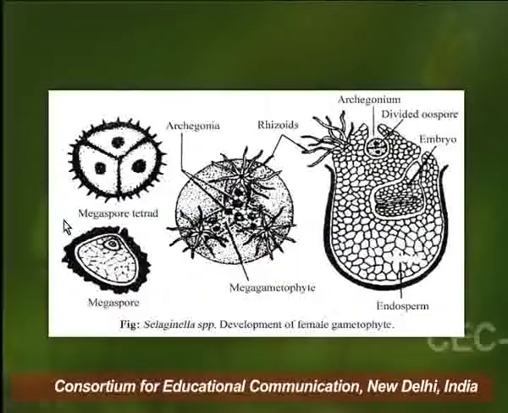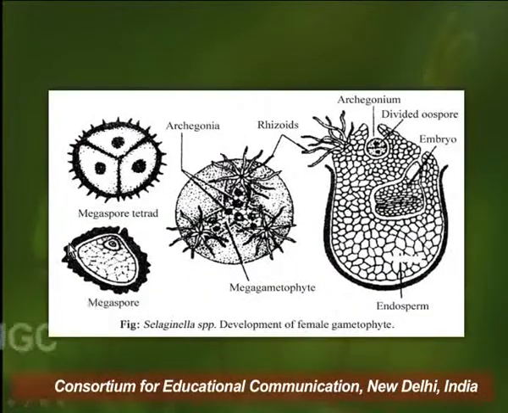You can see in the diagram the megaspore tetrad, and each megaspore represents a female gametophyte. They germinate, and the archegonia are always embedded inside the endosperm, and after fertilization they form the embryo.